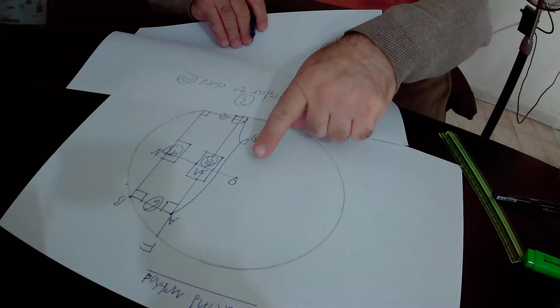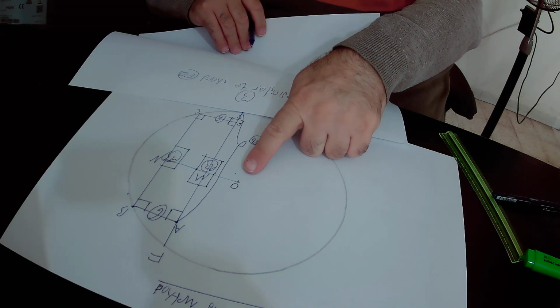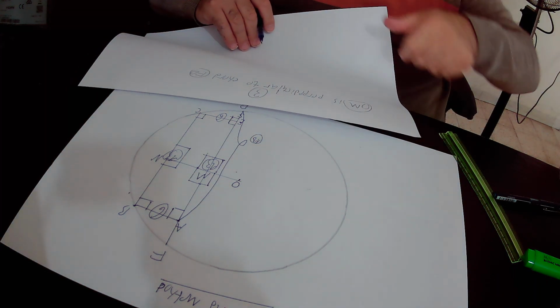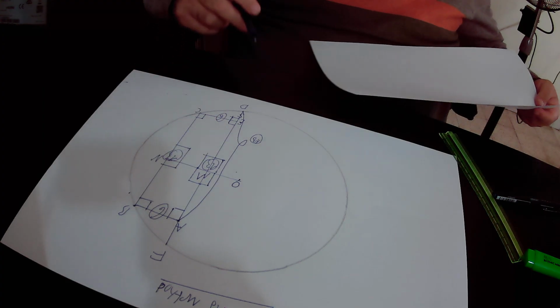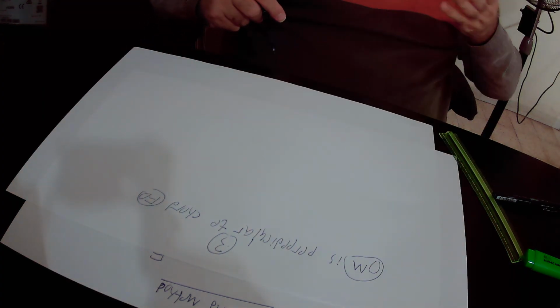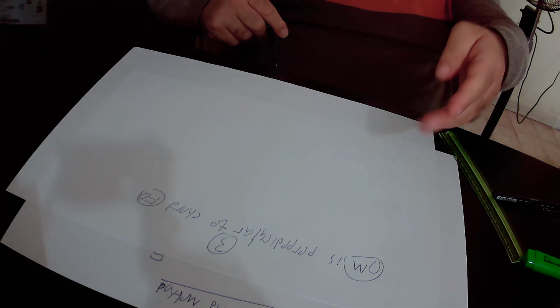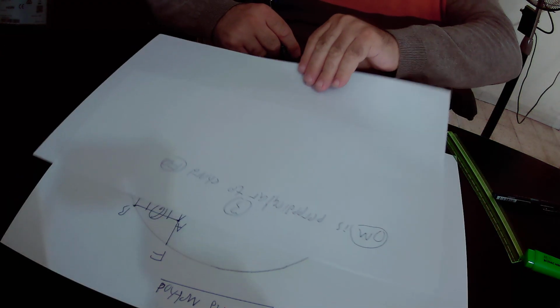And you should remember that line segment OM starts from the center of the circle and it is perpendicular to chord FD. Therefore, according to rule number 2, the perpendicular OM bisects chord FD.